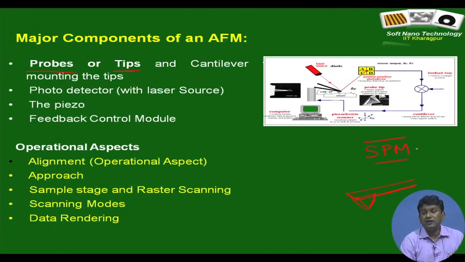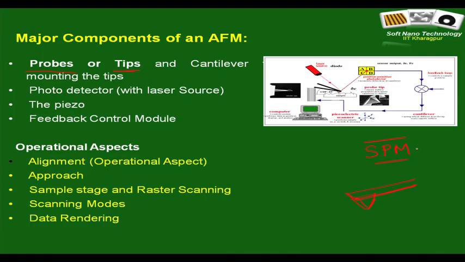Why a cantilever? If you have a cantilever like this, and some force is applied at the edge, the cantilever is expected to deform. So what type of cantilever would you take? Would you take a very rigid cantilever? Well, no, because the forces you are going to encounter here are van der Waals forces, which are of the level of piconewton.